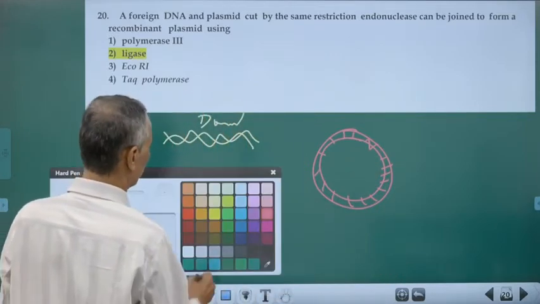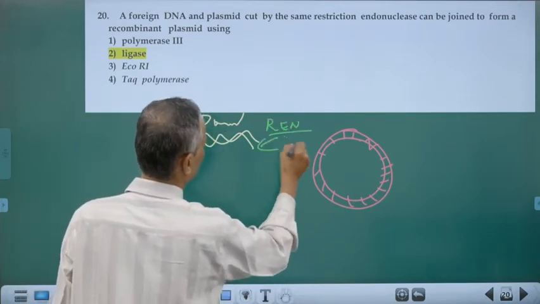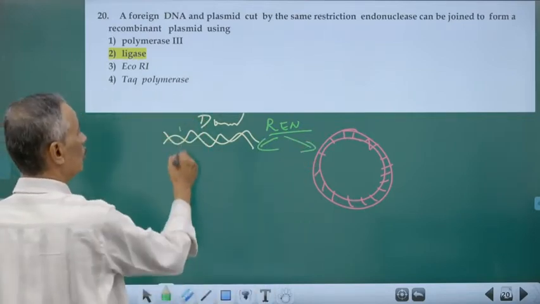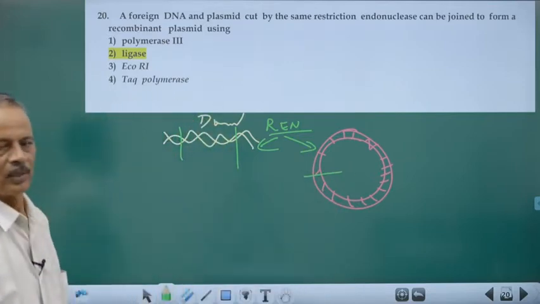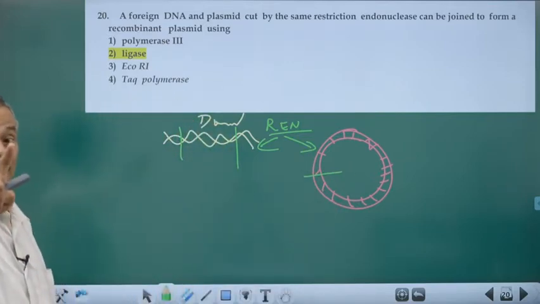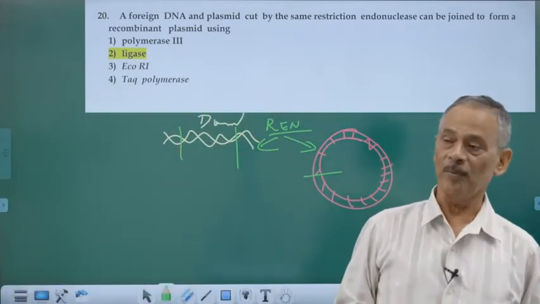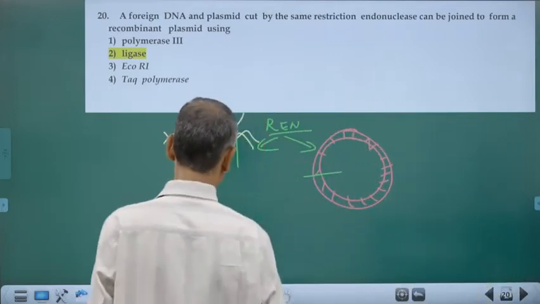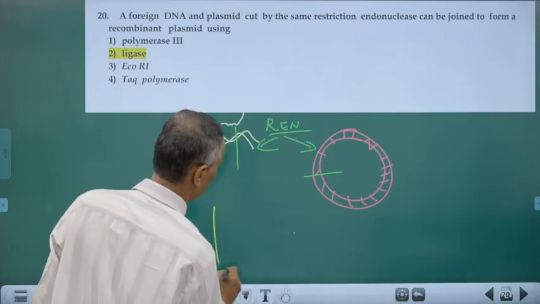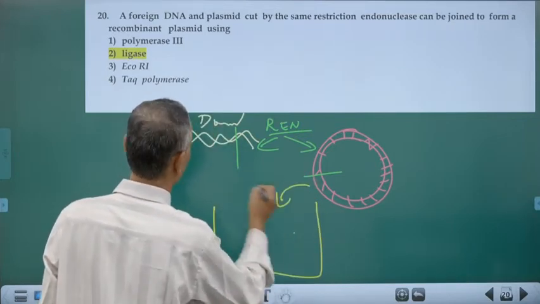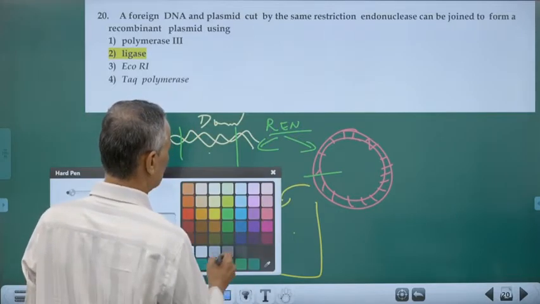You take the same restriction enzyme and cut both of them. They will be cut with the same staggered ends, same cut ends, which are complementary. So after that, you mix them in a chamber, so that these pieces join together.